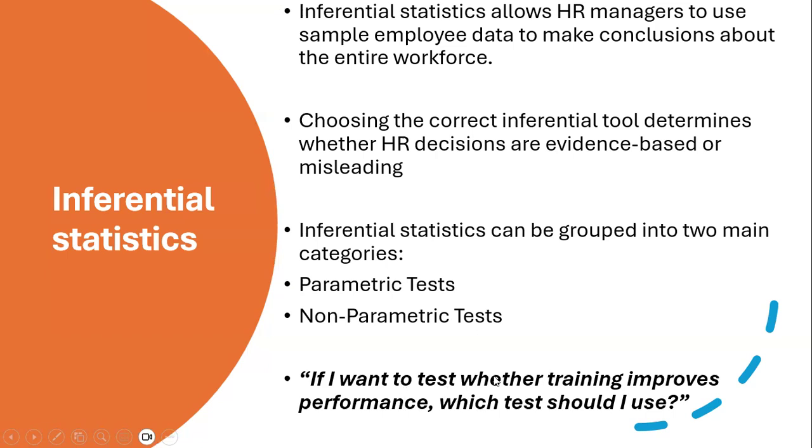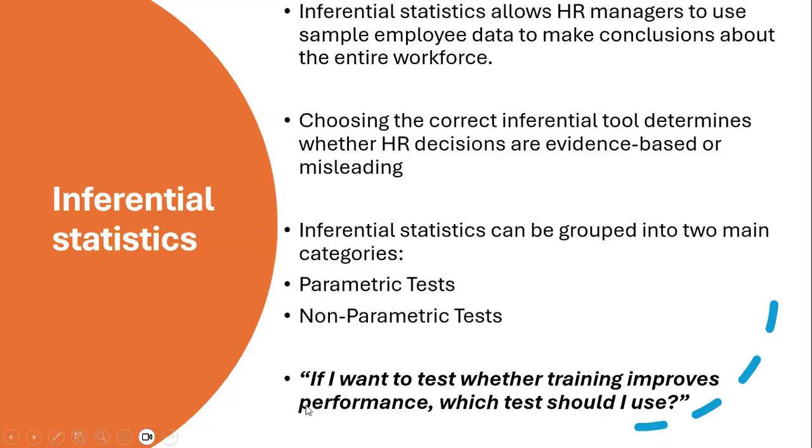So when you come across a question like this, don't assume, oh, as for training, we've been organizing it, and performance, we know how the supervisors have been doing it, so we'll go for X and not Y. The reason why I'm saying you have to be very, very careful whenever you are confronted with such questions and the data set that comes with it is that training can be measured using different types of scales.